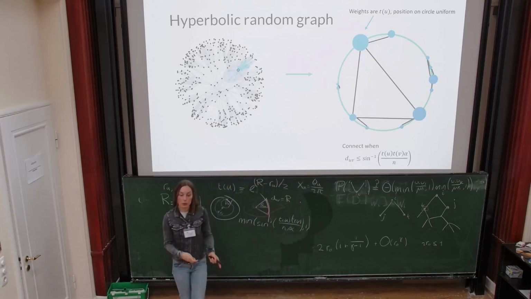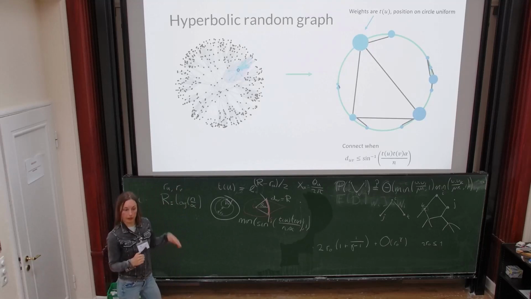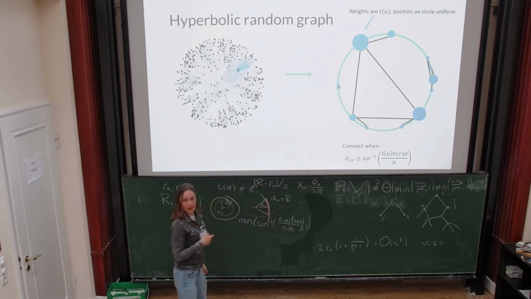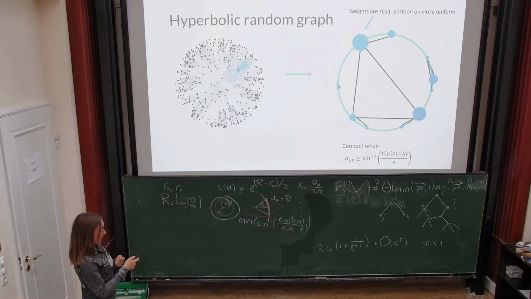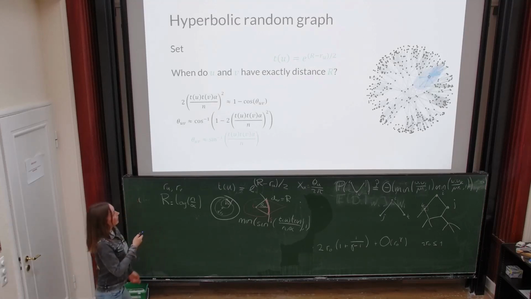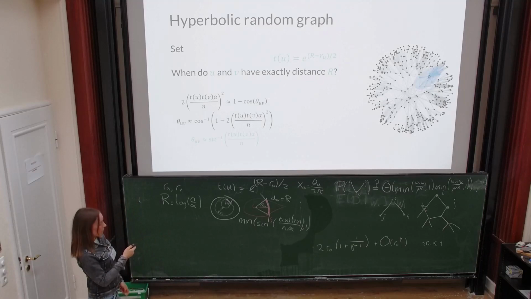These are now also uniform on 0, 1, because we just make the 0, 2 pi angle into a 0, 1. And what is actually crucial, which I will not show here, but you can compute, is that these types have a power law distribution. Before, in the geometric inhomogeneous random graph, we had independent weights with a power law distribution. So you can think of these types sort of as being weights.